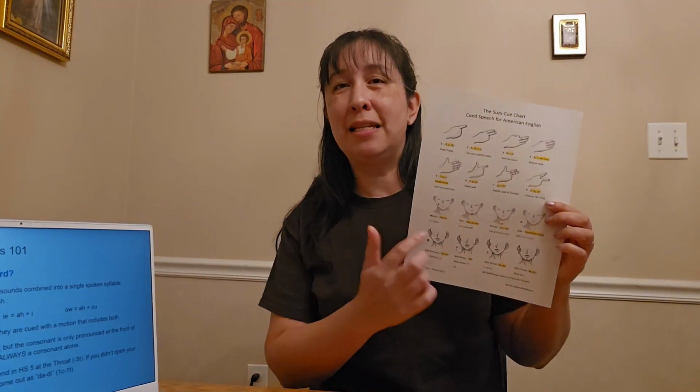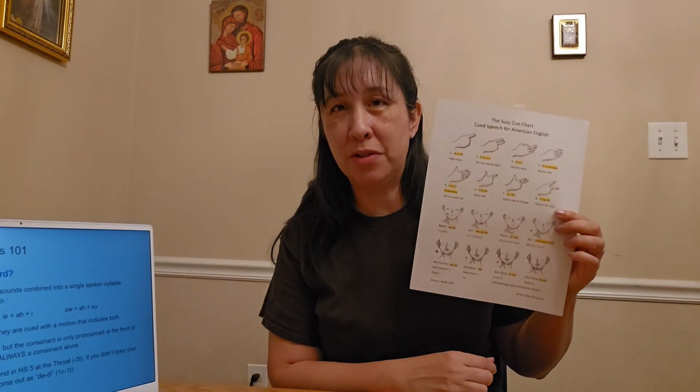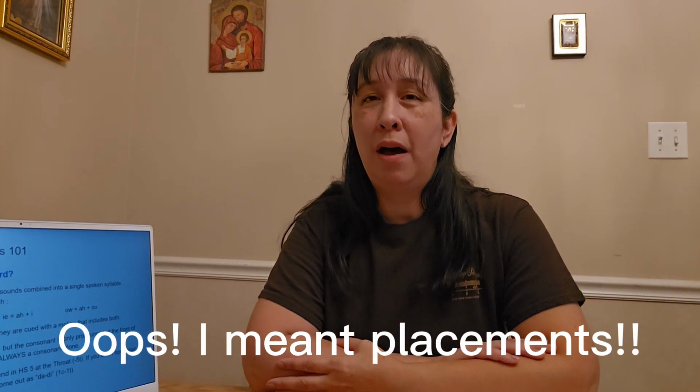Okay, so we covered all of the simple basic vowels. The next 2 hand shapes will cover all of the diphthongs in English. We have 4 diphthongs: a, oi, I, ow.